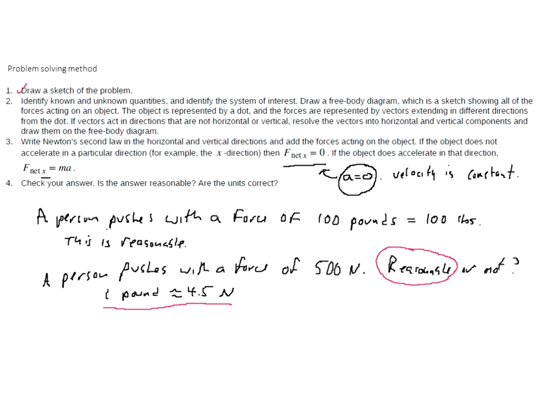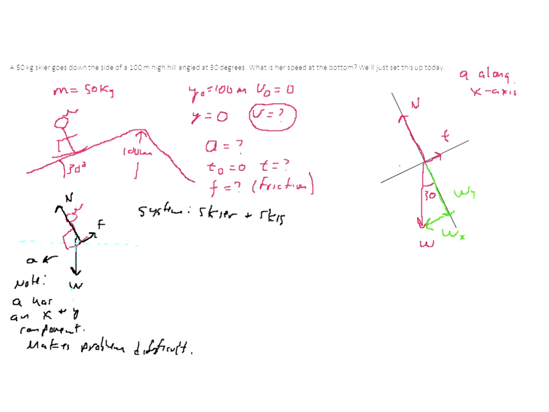So our next step here, we represented the object with a dot. We've got the forces. I resolved the forces into the components. And then write Newton's second law in the horizontal and vertical directions.